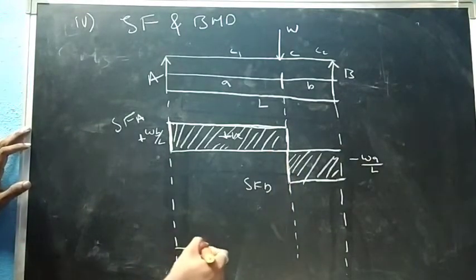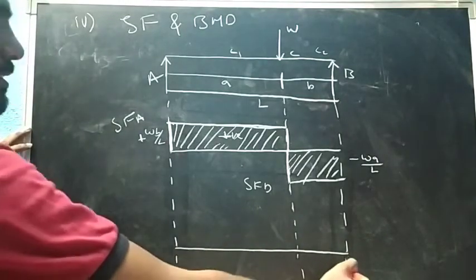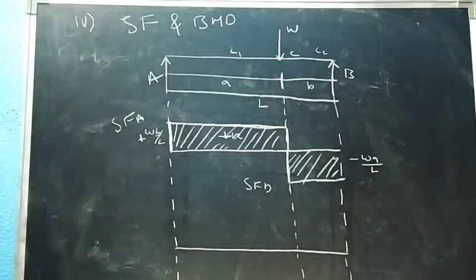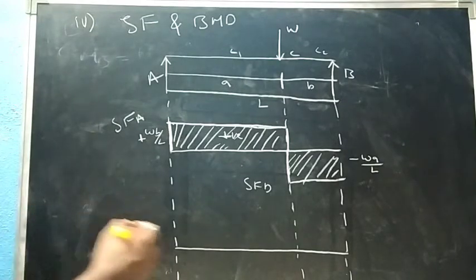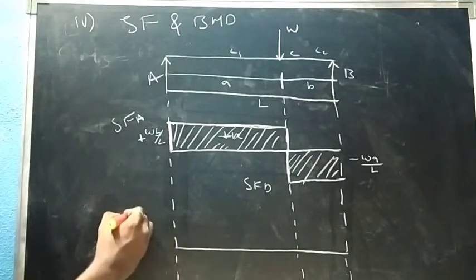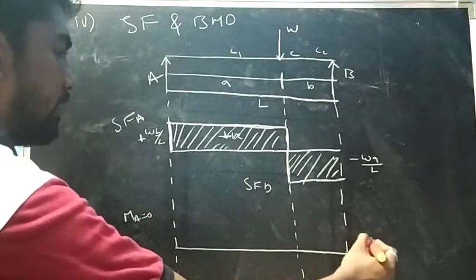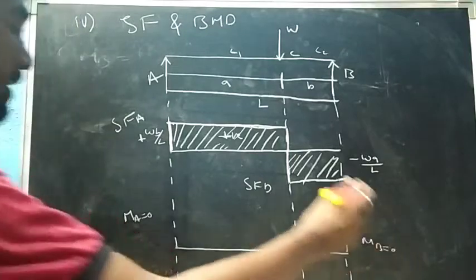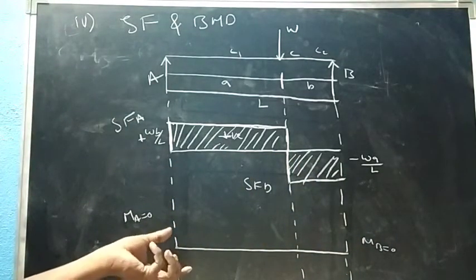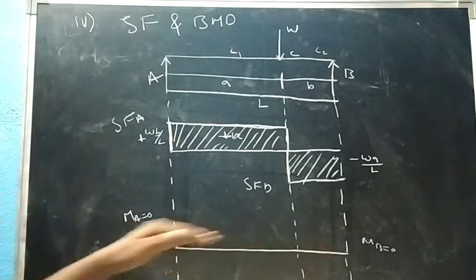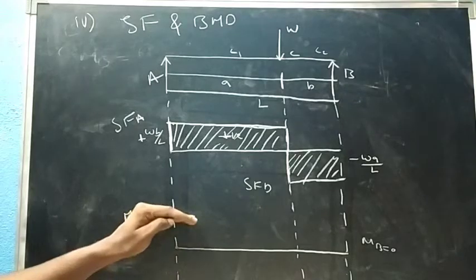Now draw the baseline for bending moment diagram. Okay, extend the lines as per the requirement. Then we have 0 at A. Bending moment at A is 0 and moment at B is 0. That means the line should touch the baseline, because this is the neutral axis, like a 0. Minus will go down, positive will go up.